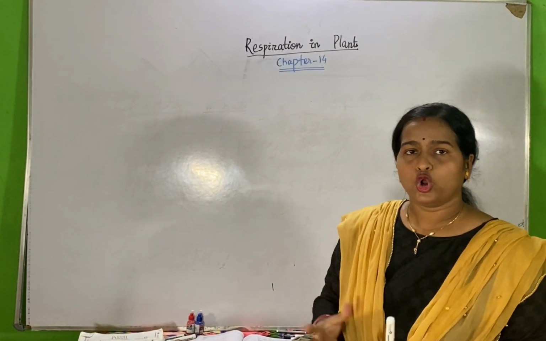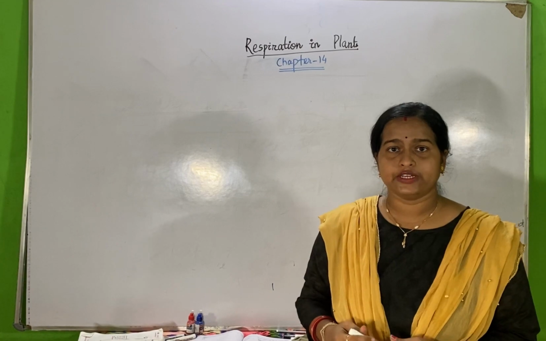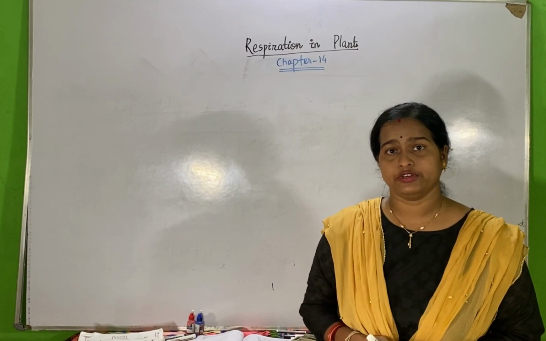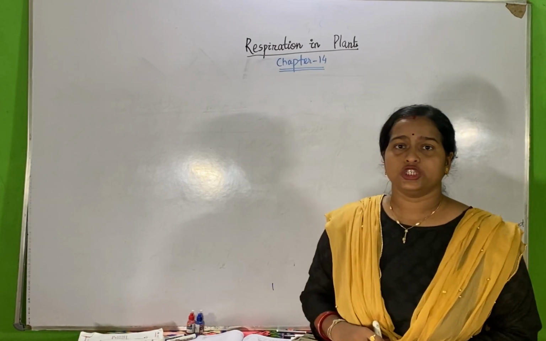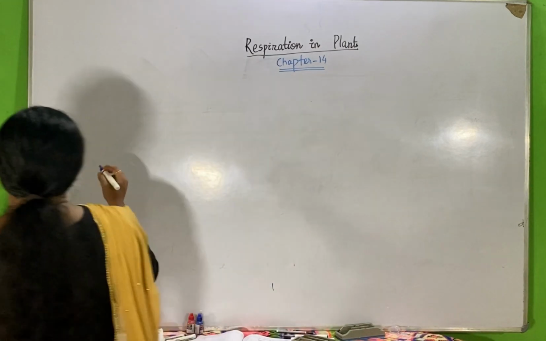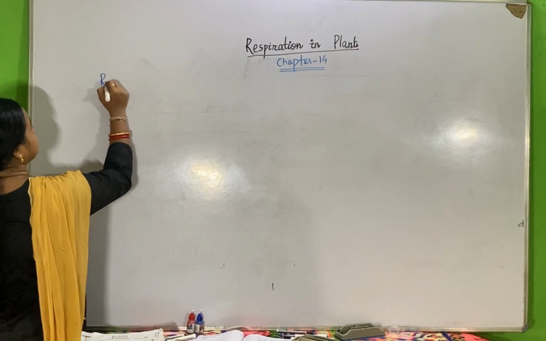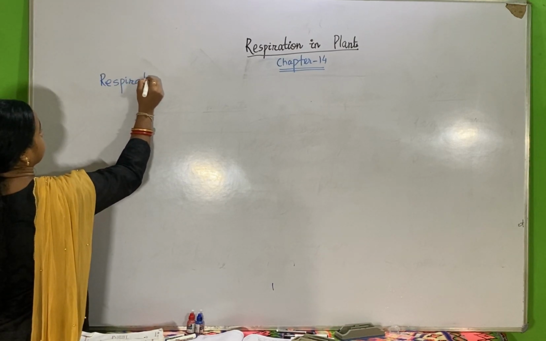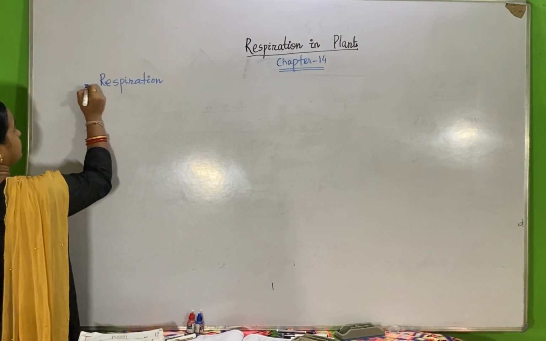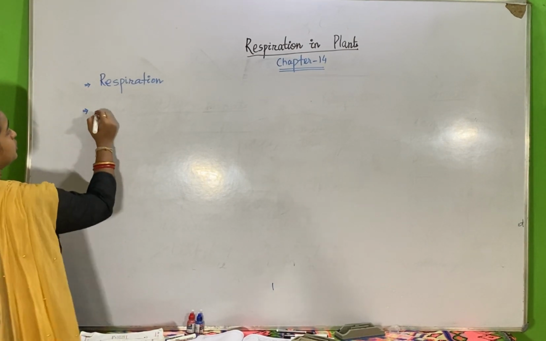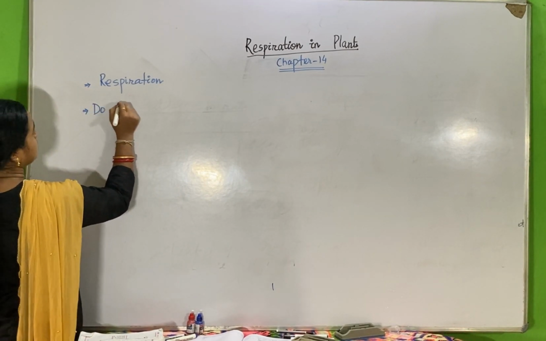We all know a little bit about respiration from class 7 and class 10. Today we will study it briefly. In this chapter we will deal with some concepts. What do you mean by respiration? Second, do plants breathe?